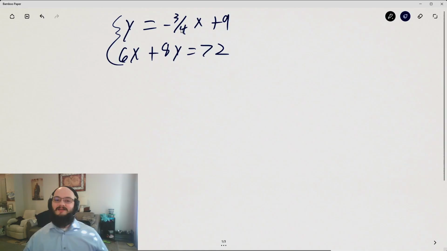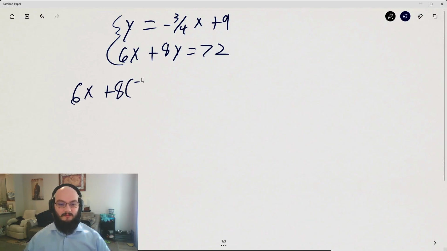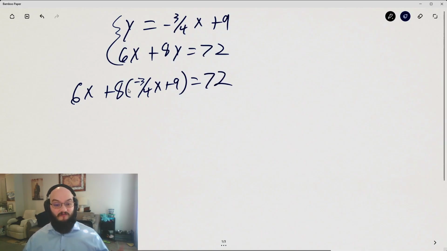We already have y isolated, so let's plug in this value down here for this y, since this y and this y are the same thing. We'll have 6x plus 8 times negative 3/4 x plus 9, that's our value for y up here, is equal to 72. Now we'll solve out for our variable x.